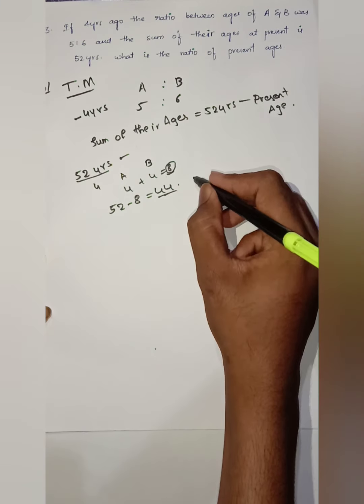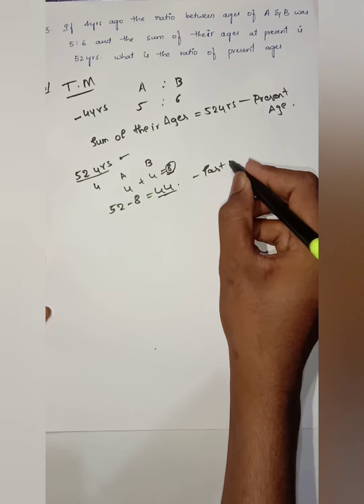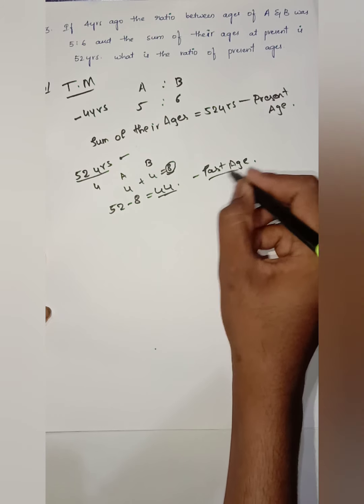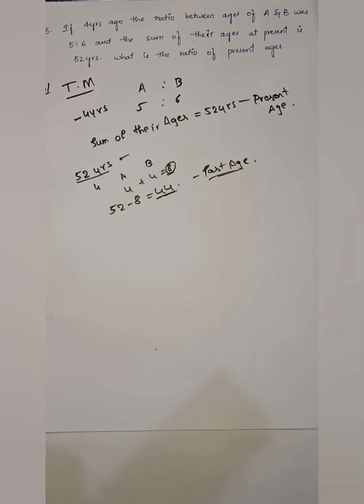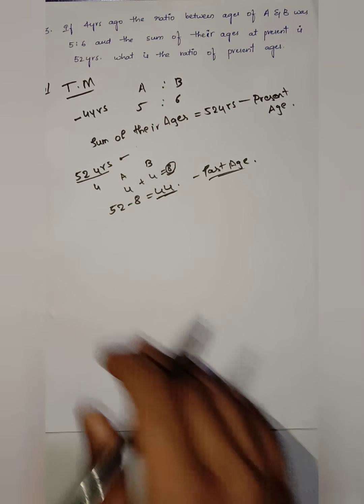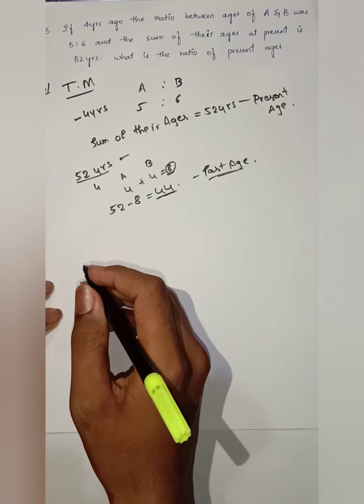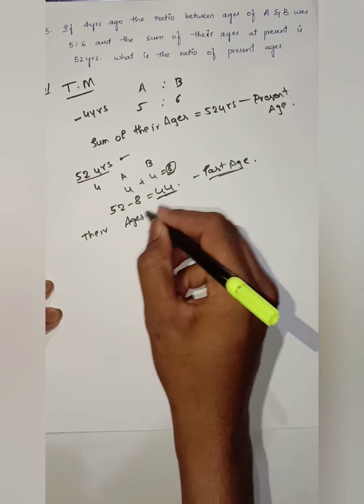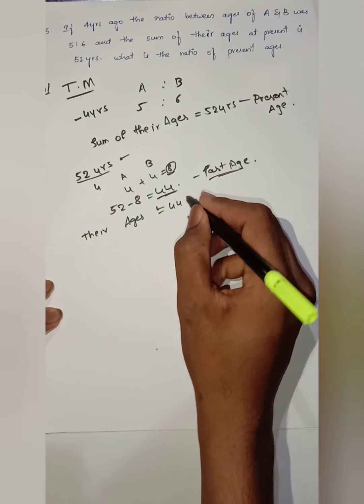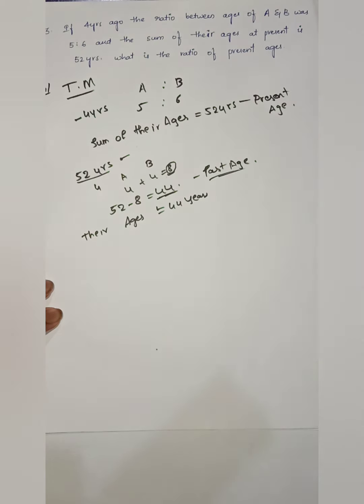So this is the past age, that is 44 years. Their ages of 4 years back sum to 44 years.